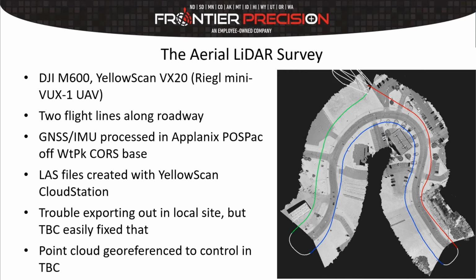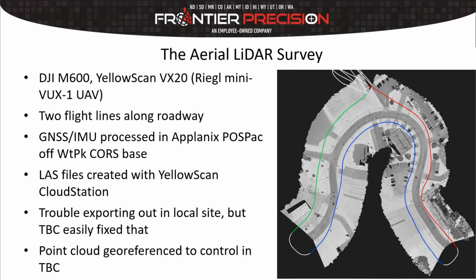But we found out that TBC, just kind of playing around, actually solved the problem for us. What we found out is that TBC has the ability to reproject point clouds, which is a pretty powerful tool. So the way we got around this was we exported out our LAS files in Minnesota State Plane, and then we created a TBC project in Minnesota State Plane and brought them in.